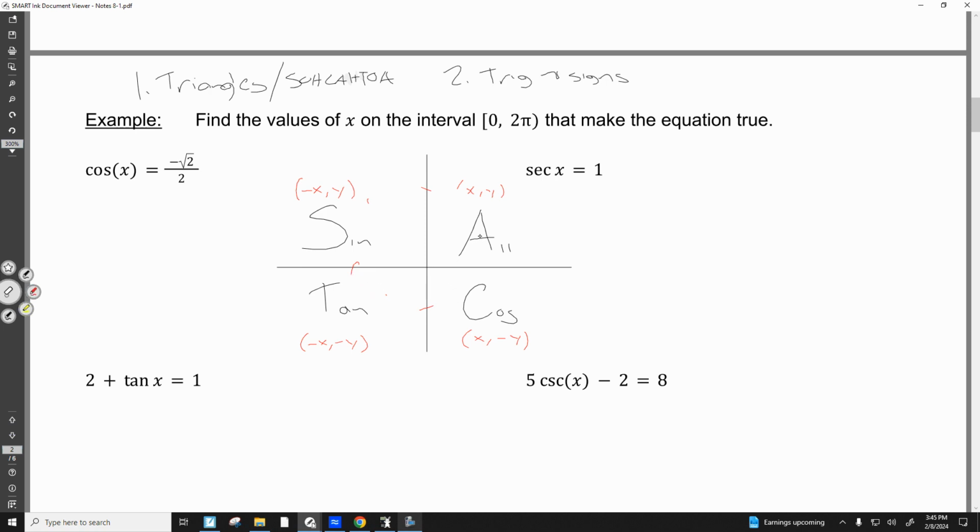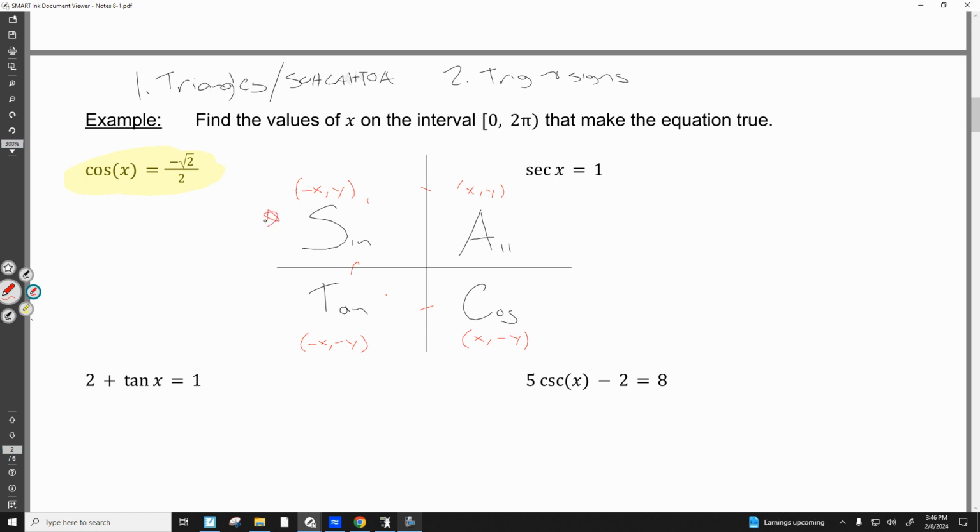Who knows what mnemonic you come up with, I don't care. But ready. Cosine equals negative root 2 over 2. I immediately know which two quadrants I'm talking about.